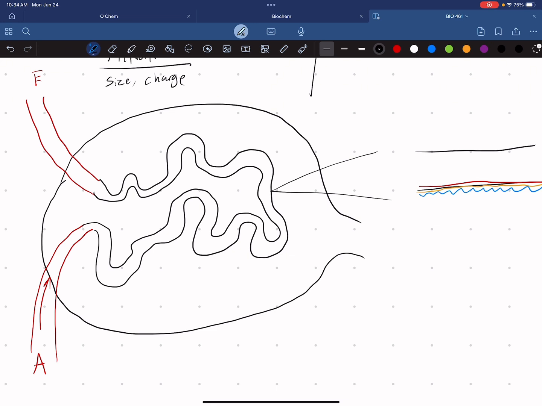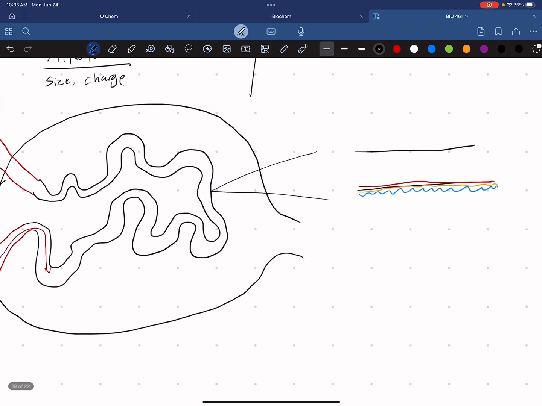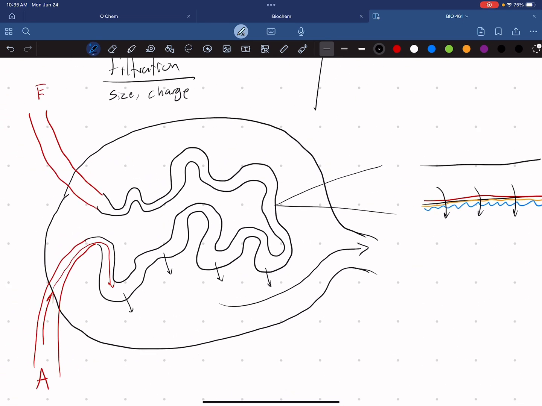So as the blood flows through these tubes here, depending on the size and depending on the room in between these membranes and these fenestrated endothelium, we will have these small particles be able to be filtered out of the blood and be brought down into the rest of the nephron. So the filtration is simply based on how big the molecules are and the charge that they have on them.